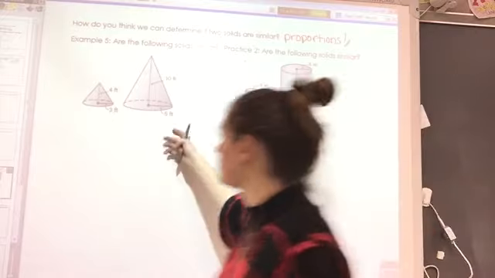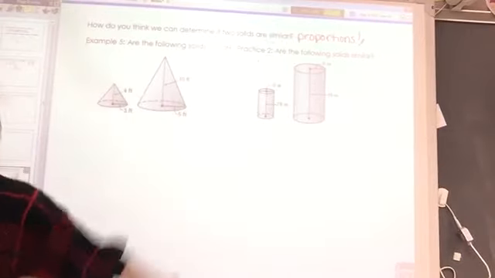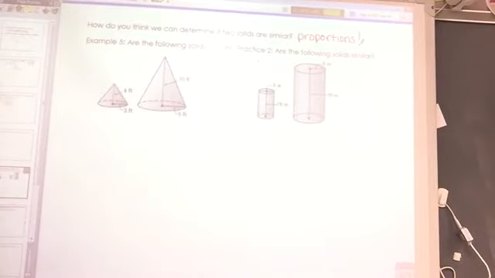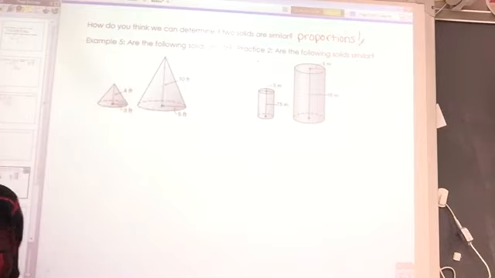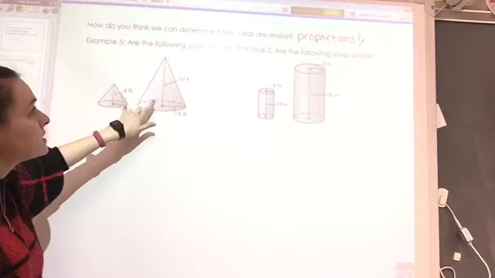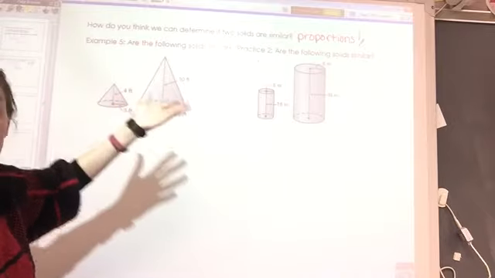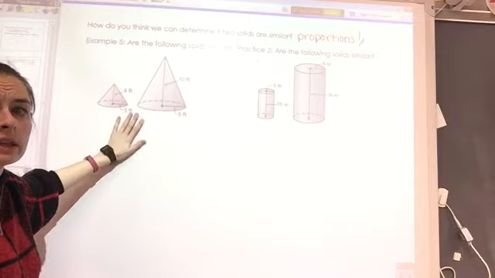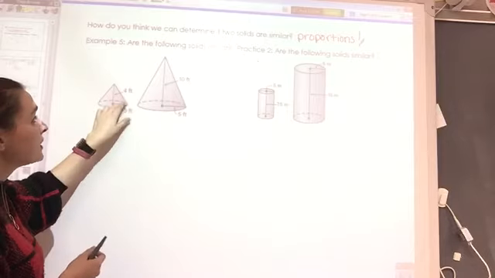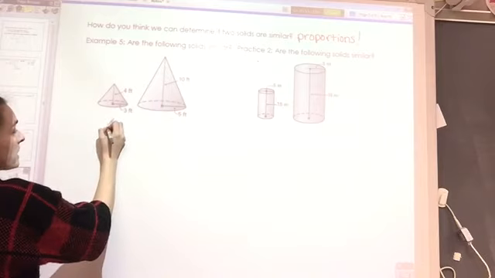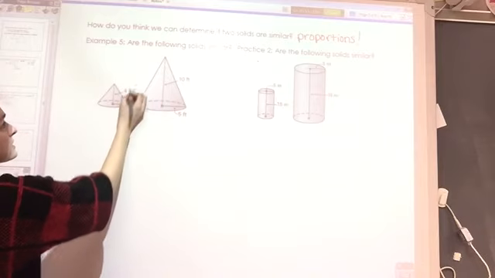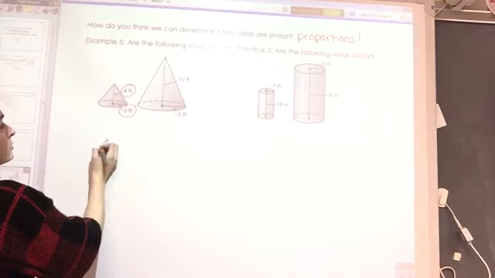For this one, example 5, they're asking, are these figures similar? We're given 3 and 4 and 10 and 5, so we need to figure out whether those two solids are proportional. If we think back to chapter 6, how did we figure out if two things were similar? We set up our proportions. Let's do it with our height over our radius.